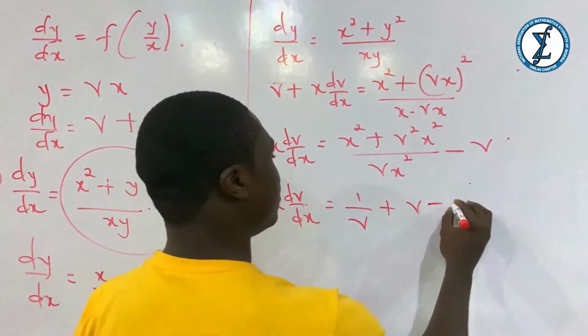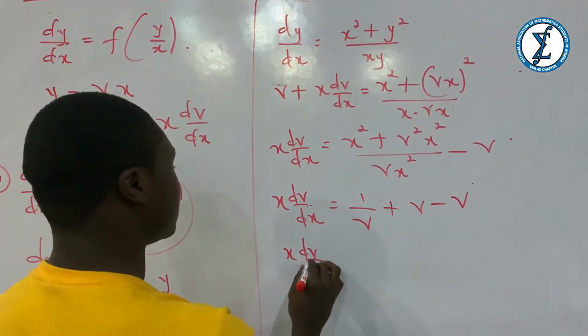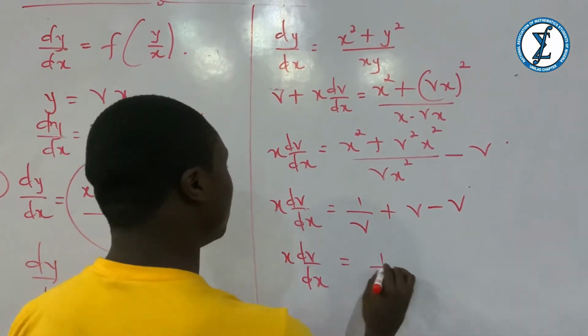So minus v. So I am left with x dv/dx equal to 1 over v.